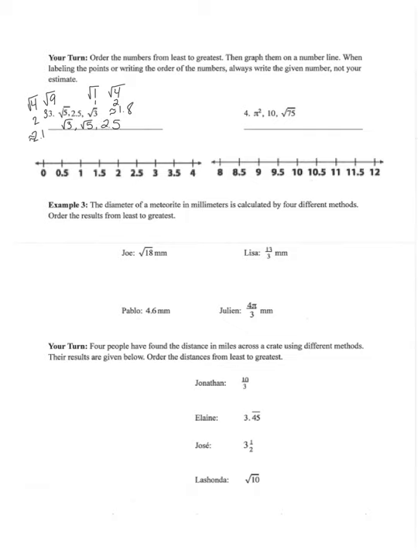So now I'm going to plot those points. Well, 2.5 is right here. And then we have the square root of 5, which is just over 2, so about 2.1.